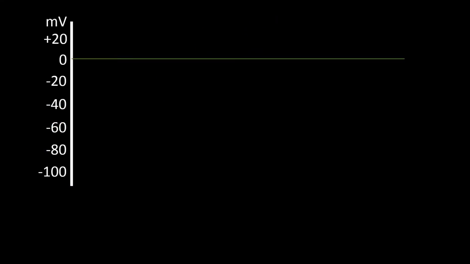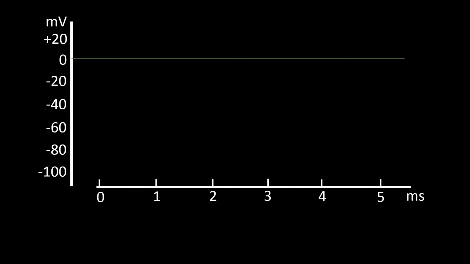This is usually presented in a diagram fashion representing millivolts in the y-axis, and the green line represents in this frame the level of voltage reversal, as you can see. Time is represented in the x-axis.